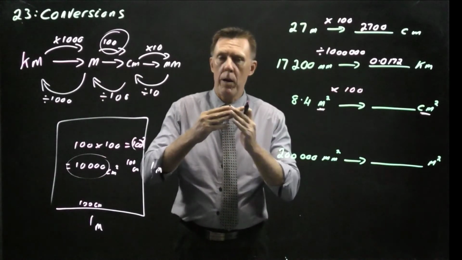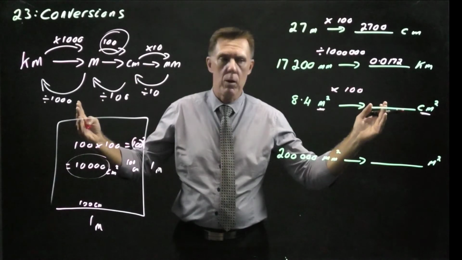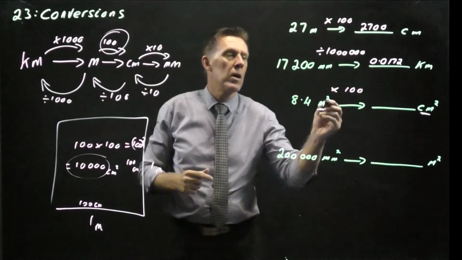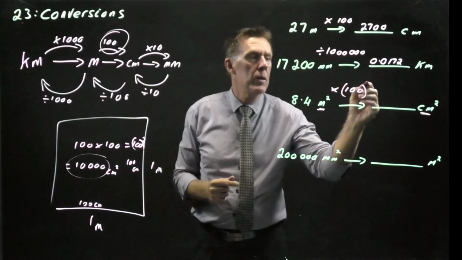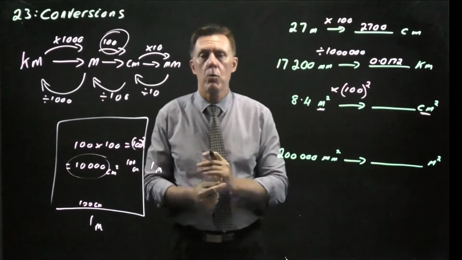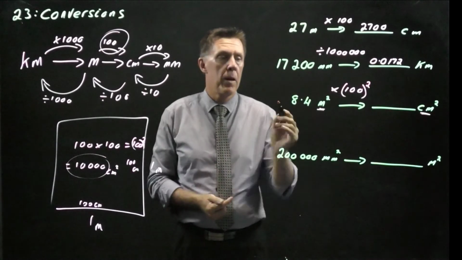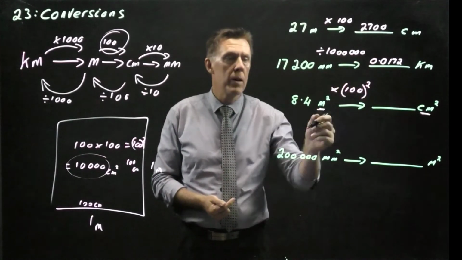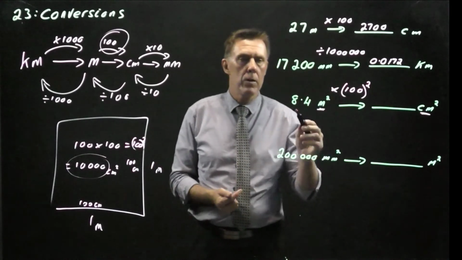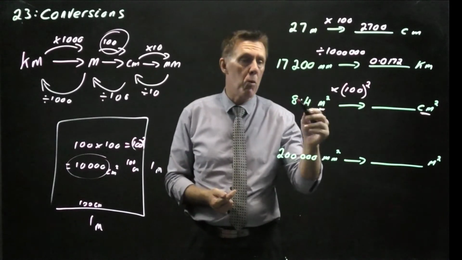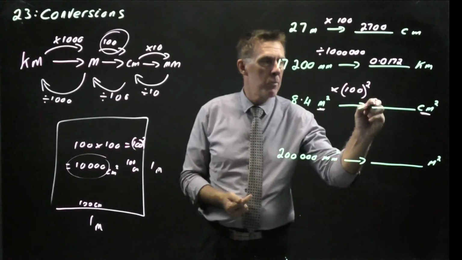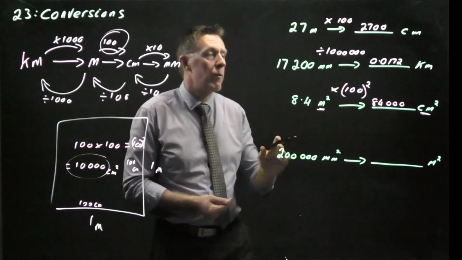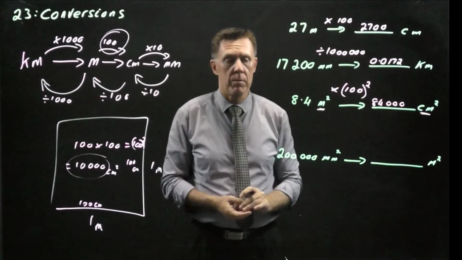But because that 100 is the linear, straight line distance, and we haven't got a straight line, we've got a square, 2 dimensions, because it's square meters to square centimeters, we square our conversion factor. 8.4 multiplied by 100 squared, 8.4 times 10,000, so we move our decimal place over 4 places. 1, 2, 3, 4. 84,000 square centimeters.